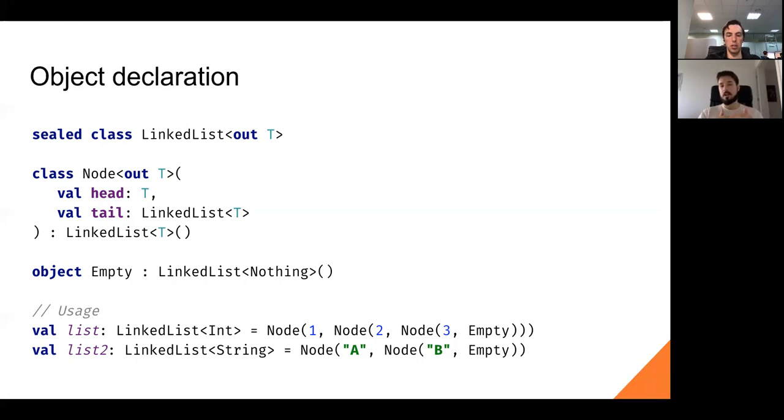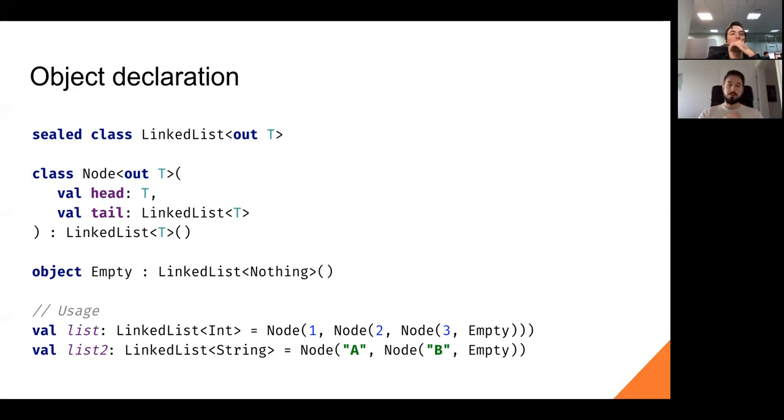Thanks to that, when you have a linked list with a subtype, it can be treated as a linked list with a supertype. So a linked list of Int can be treated as a linked list of Number or a linked list of Any. And so a linked list of Nothing can be treated as all the linked lists.